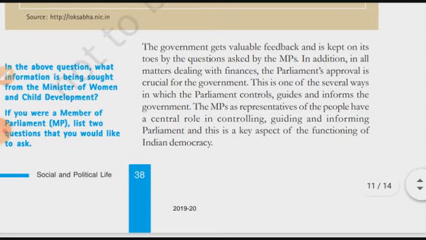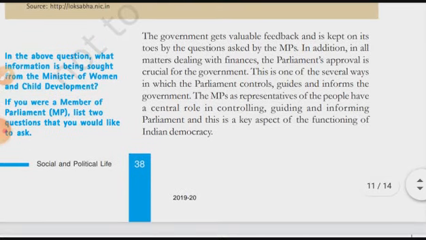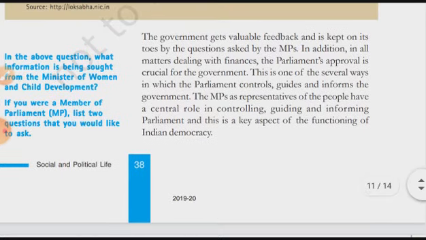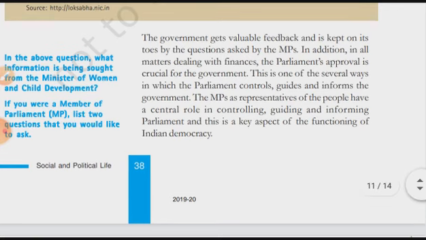In addition, in all matters dealing with finances, the parliament's approval is crucial for the government. In finance matters, that is, related to money, if the government wants to invest or spend money somewhere, the approval of the parliament is needed.